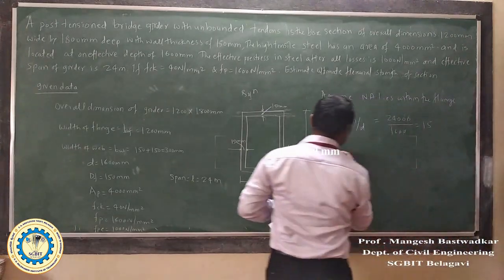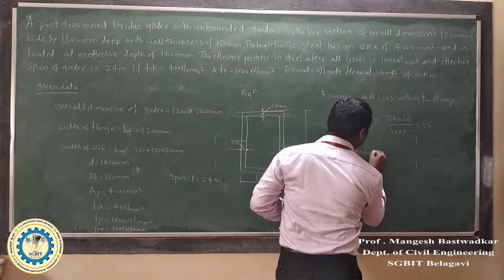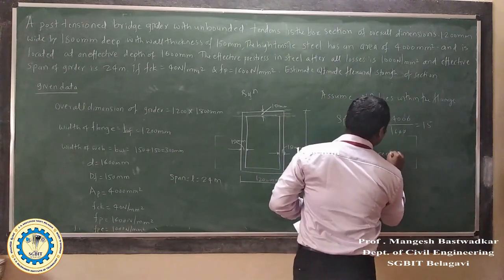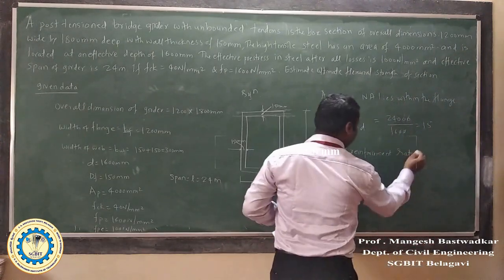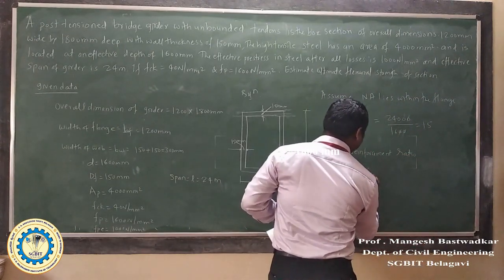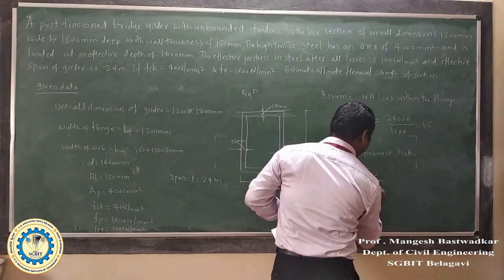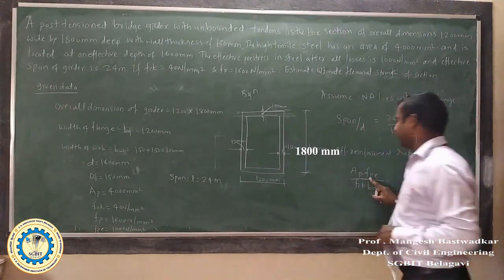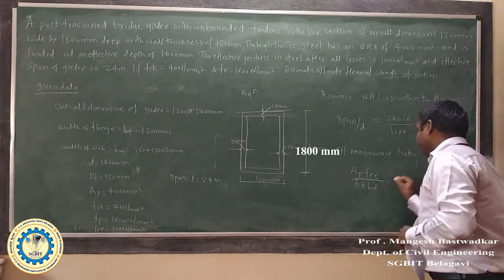Then we will calculate the effective reinforcement ratio, that is AP FP by FCK BD. Here you should take effective pre-stress since it is a post tension beam.